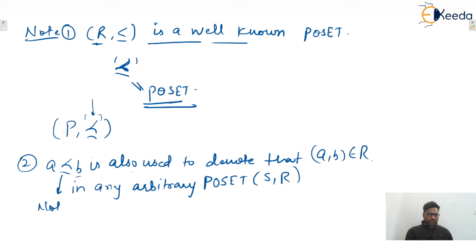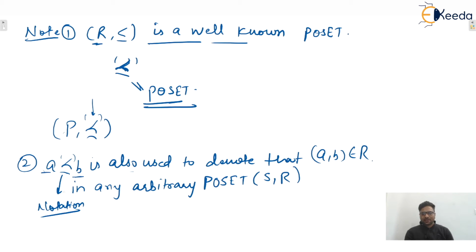This is the notation. A and B are elements, then A less than or equal to B means what? This is not the usual less than or equal to. Sometimes it is used as a notation. The meaning of this is that A and B are related, that (A, B) belongs to the relation R in any arbitrary poset (S, R).